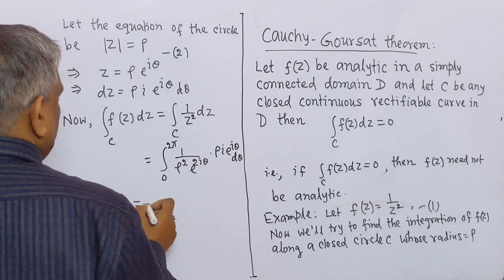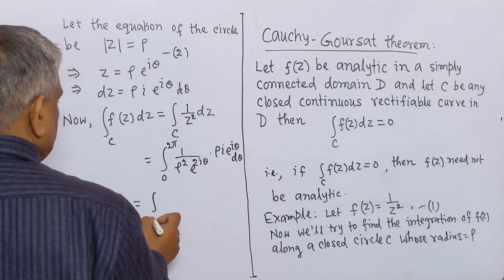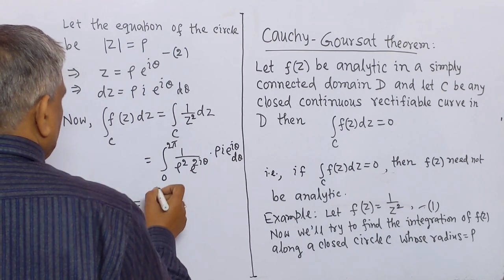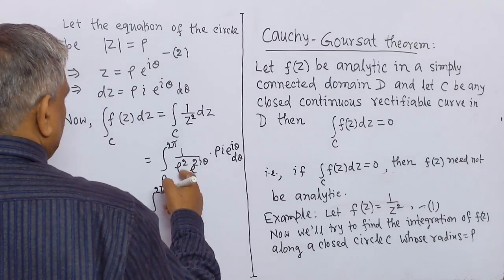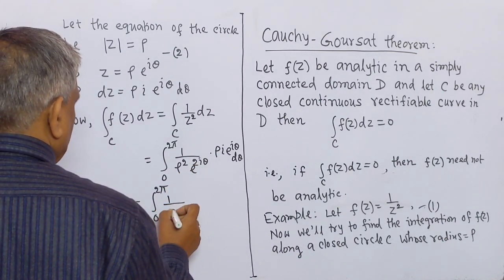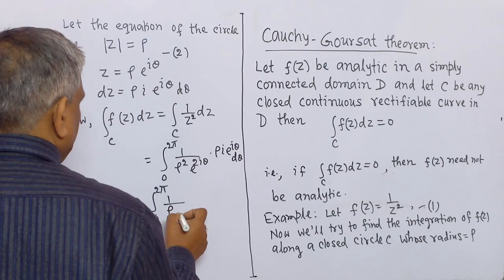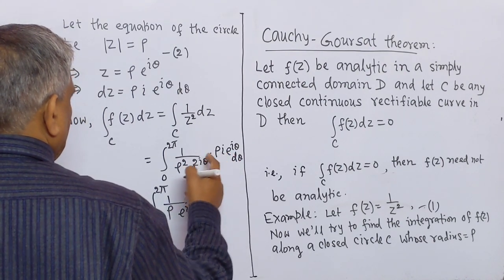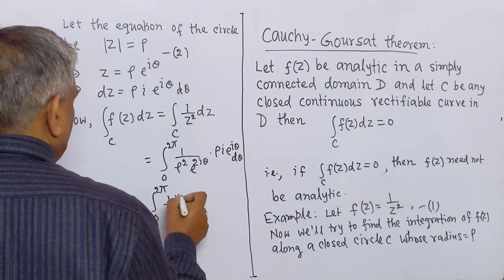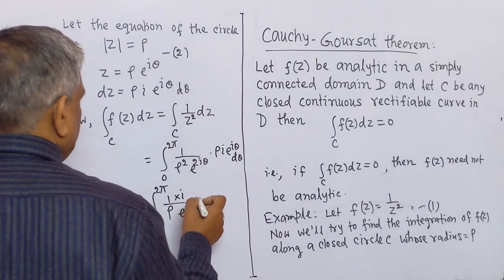This equals the integral from 0 to 2 pi. One rho remains here, e to the power i theta, i d theta.